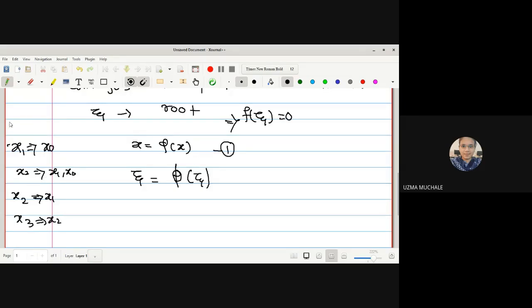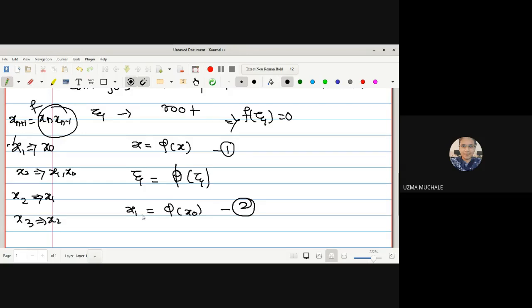If you remember the last formula, xn plus 1 was in terms of xn and xn minus 1, some combination of them. So whatever the next root we are finding is with the help of the previous one. Hence we can say x1 can be found with the help of x naught. We can say x1 is equal to phi of x naught. Let us name it equation 2.